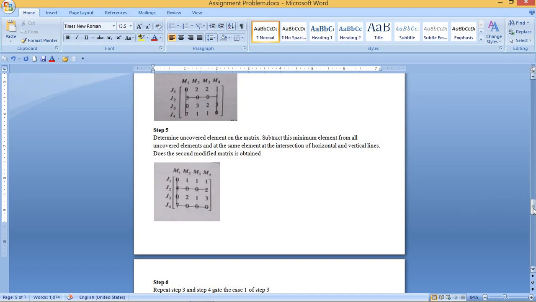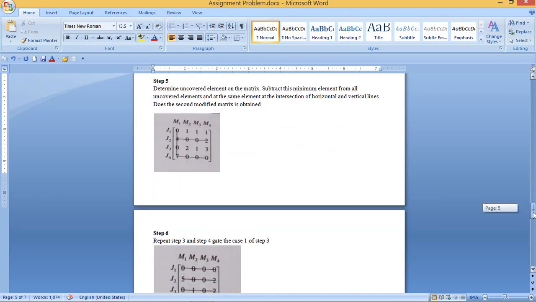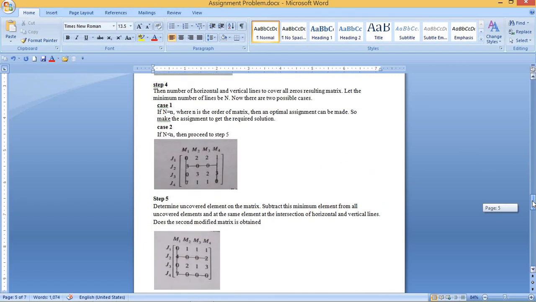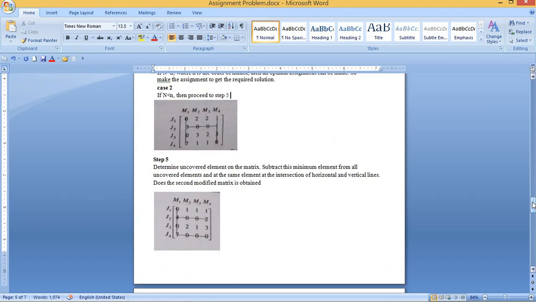After getting this matrix, we again go to step 4 and draw the horizontal and vertical lines to cover all the zeros.